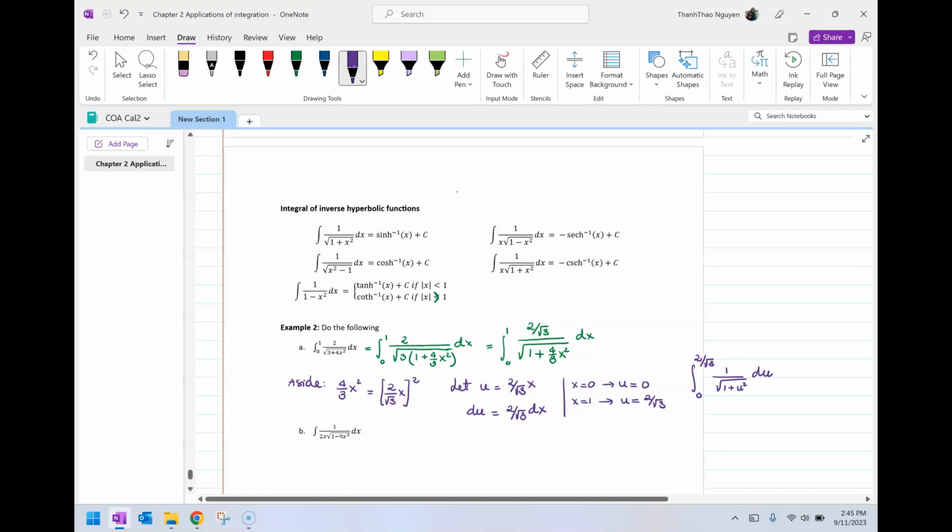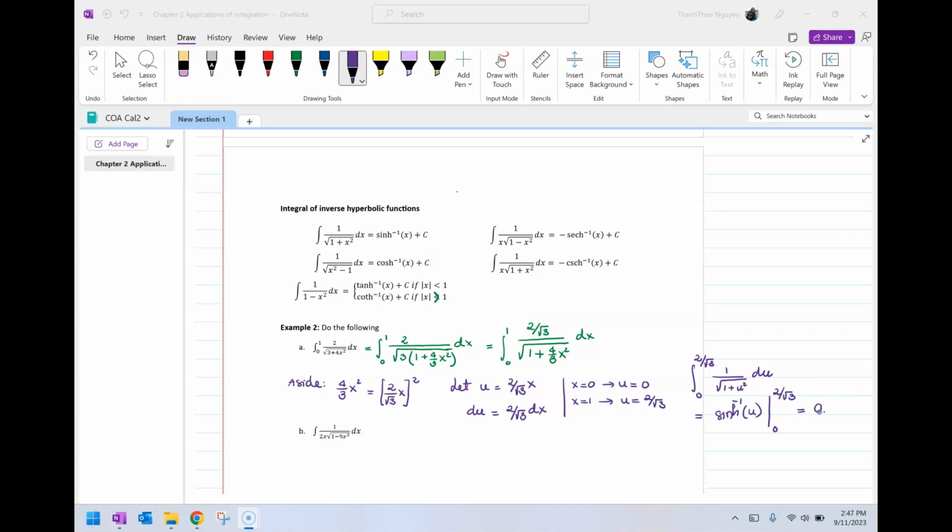So then this equals sinh inverse of u, evaluated from 0 to 2 over root 3, and that equals 0.9865.